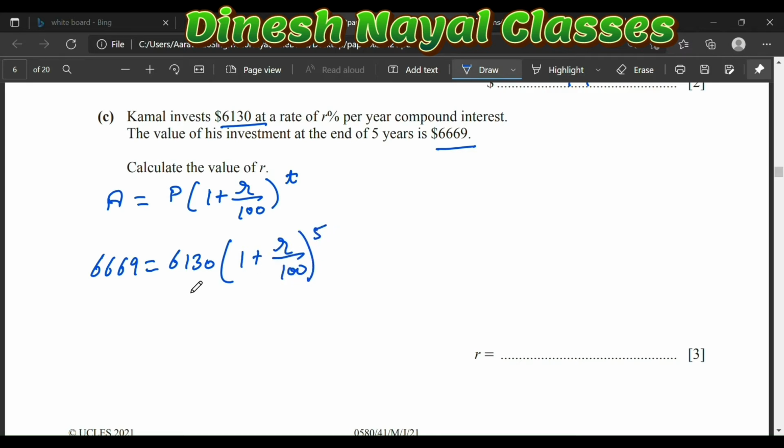First we will cross multiply and then take the fifth root. So cross multiplying first will be 6669 upon 6130, which equals 1 plus R by 100 to the whole power 5.